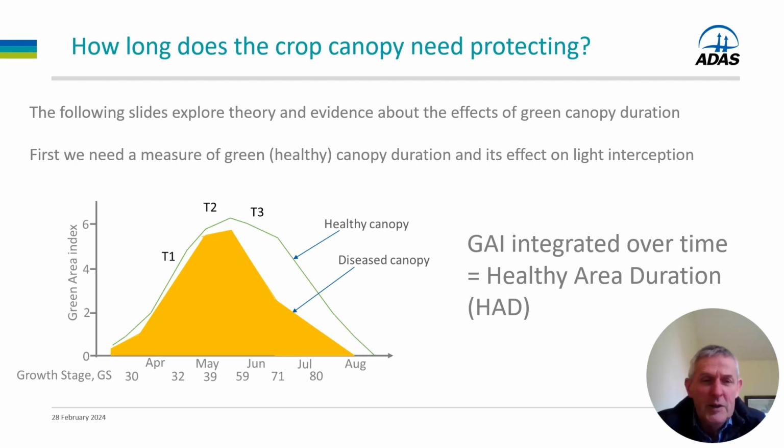So the first method of measuring canopy duration is called healthy area duration, or HAD, and we can measure that by plotting green area index through time and integrating the area underneath the curve, which is a fancy way of saying that we add up the area underneath the curve, which in this case is shaded in yellow. And we can do that over the period of growth that's relevant to grain filling, for example.